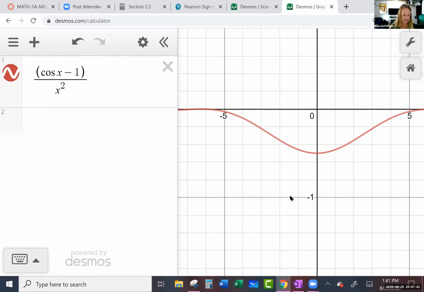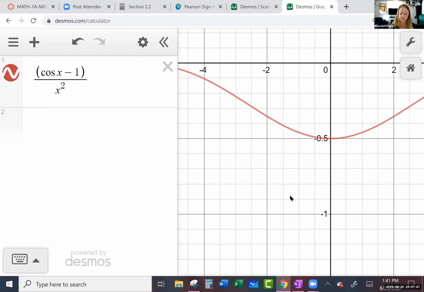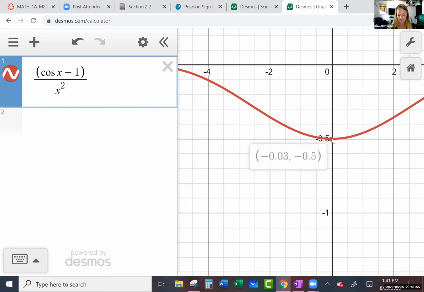That doesn't even look like what we had gotten before, right? Because I think we were getting positive values back. I have to go back and see. But this does look like, as we're getting closer and closer, our y value is negative 0.5. It looks like it's undefined there, which makes sense because if you plug in 0 in the denominator, it's undefined. But it looks like we're getting y values of negative 0.5.